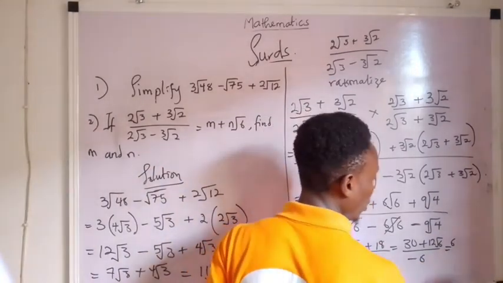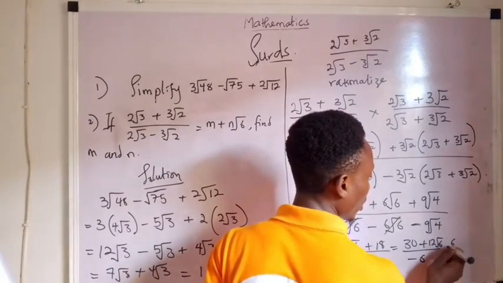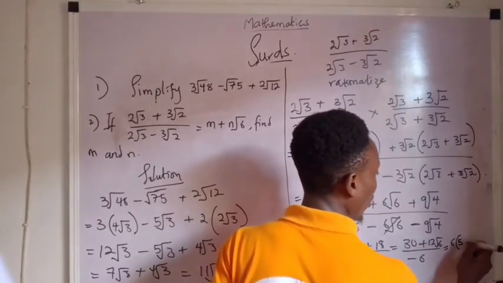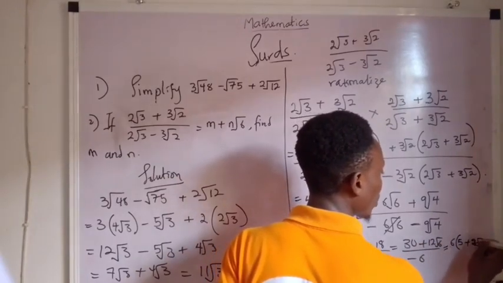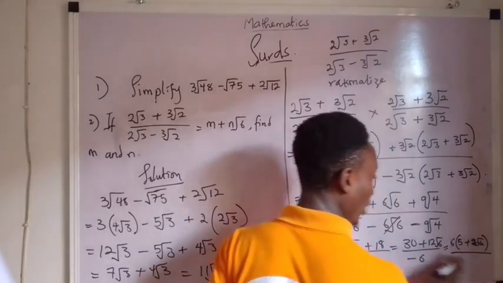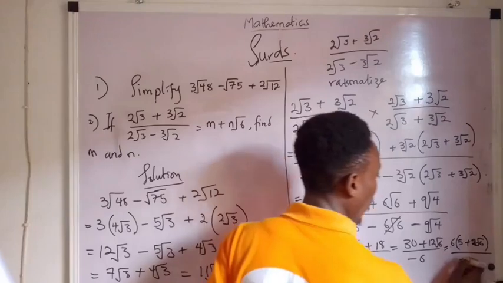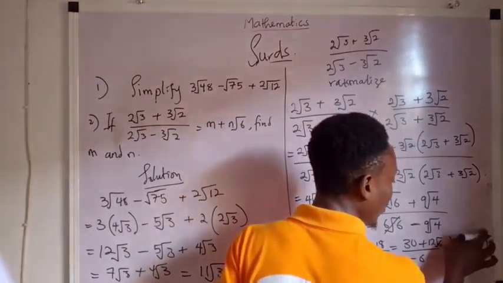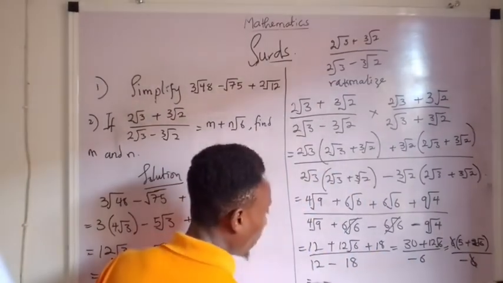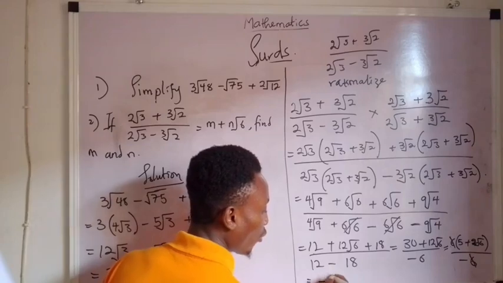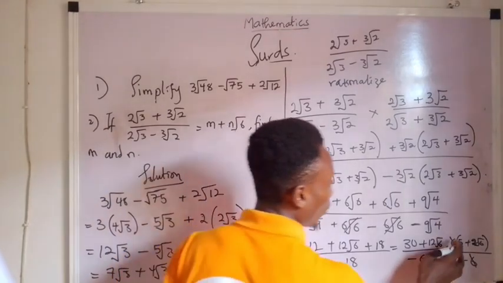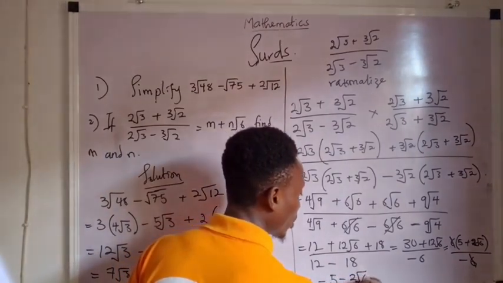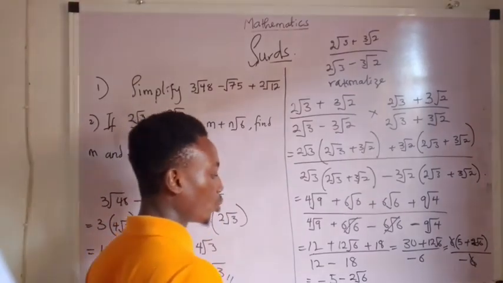So you have 6, open bracket, 6 in 30 is 5 plus 2 root 6. Take note of what I just did here. 2 root 6 over minus 6. So this cancels each other and this is minus 1. So this divided by minus 1 will give us minus 5. Now, when you expand the bracket, we have minus 5 minus 2 root 6.